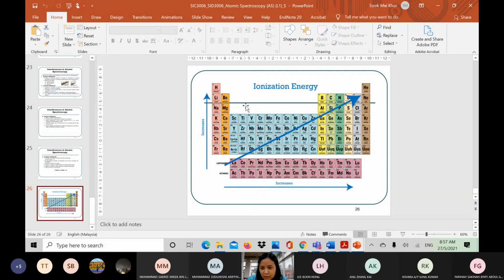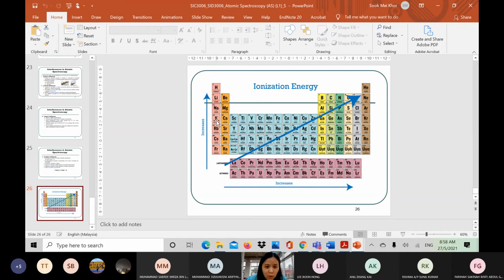Across this periodic table, ionization energy increases. Here at the left-hand side it is low, meaning that sodium easily gets ionized to become Na+, right? That is why we want to add potassium, because the ionization energy of potassium is lower than sodium.